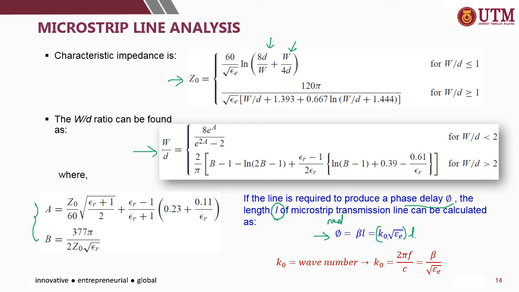From here, k naught is equal to 2 pi f over c. So from here you can get L, the length of the microstrip structure, considering the phase shift or phase delay required by the system.